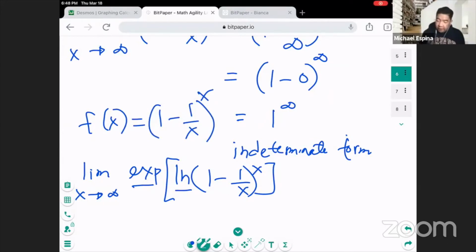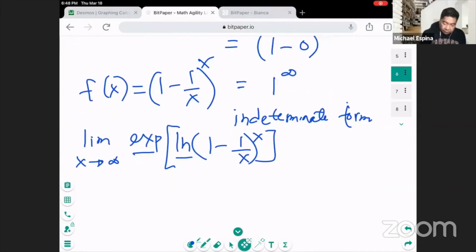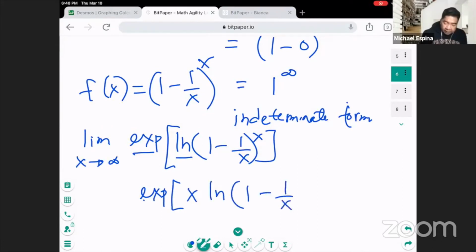Okay, so how can we manipulate this? We can take x out in front of ln. So we have the exponential function of x times ln of (1 minus 1 over x). That exponent we already put in front of ln.